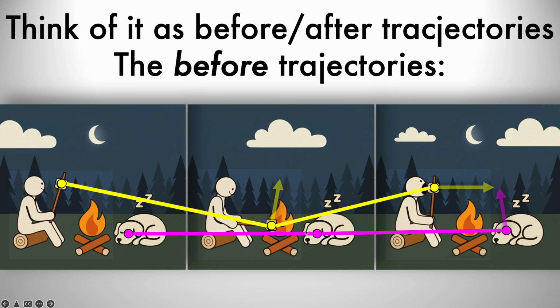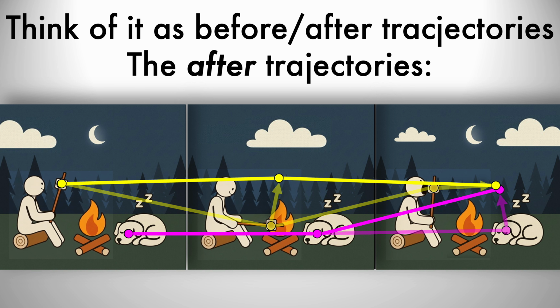And you'll note that the dog's head is in the same place at every frame, which is why it's just a straight line. We also have our after trajectories, which is where we want those things to end up. So, as we showed before, we want the marshmallow to be lifted up and moved to the right, and we want the dog's head to be moved up more, which is why we have this trajectory and this trajectory.